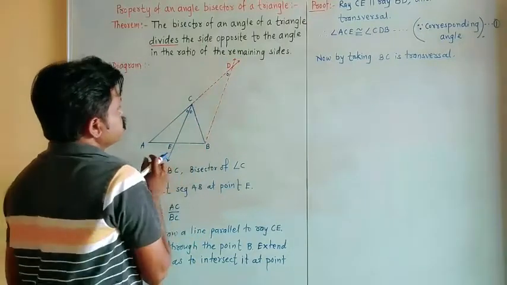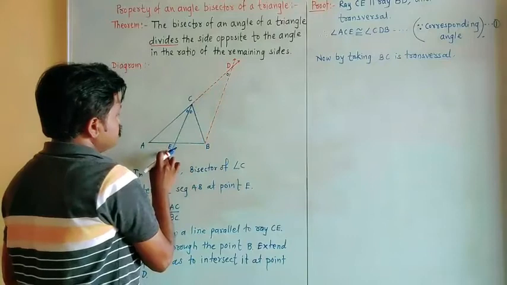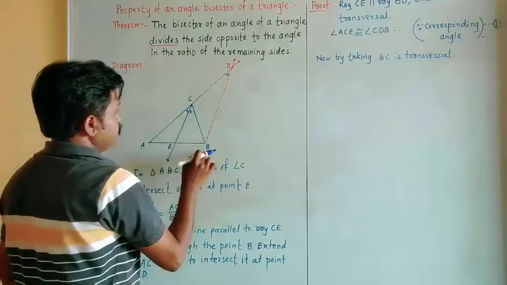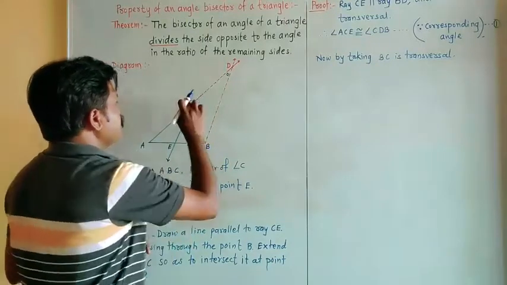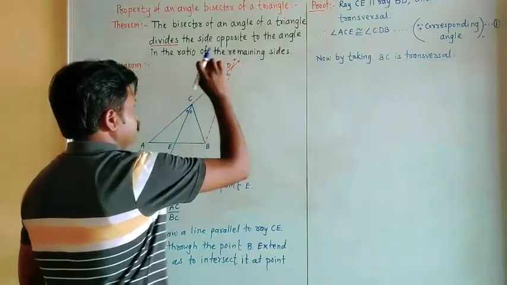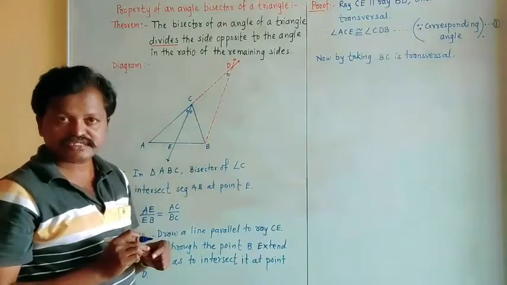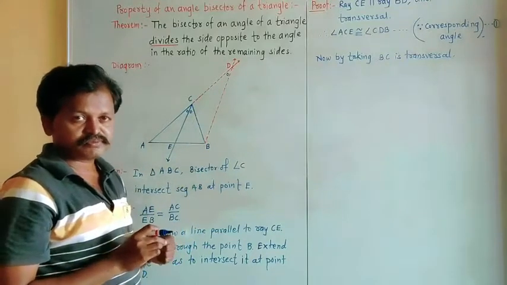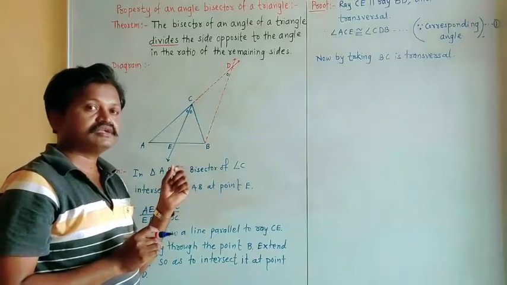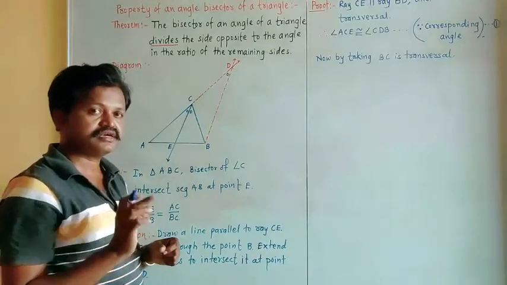So think about these angles: angle ECB and angle CBD. These two angles are congruent. By which property? Because they are alternate angles.